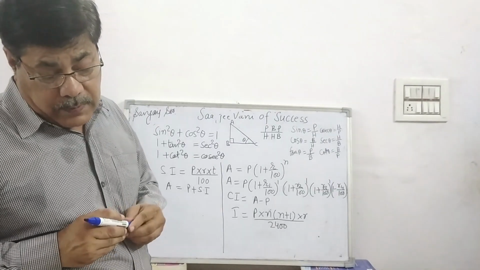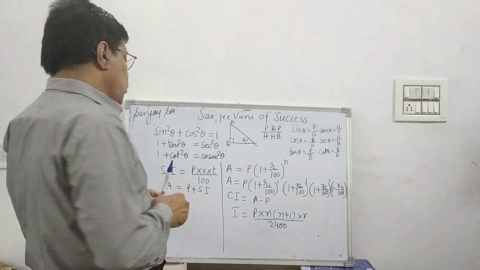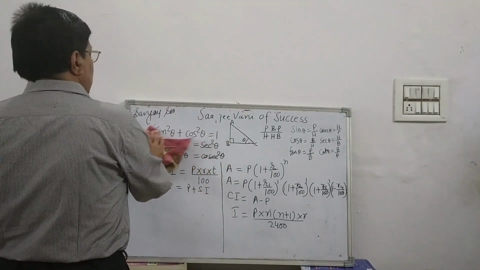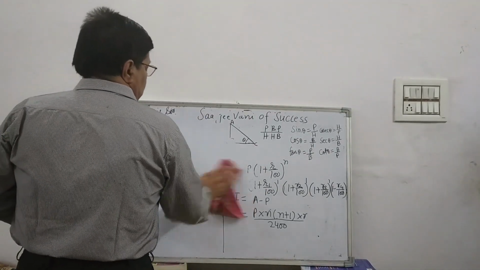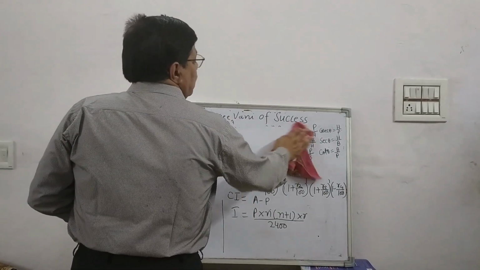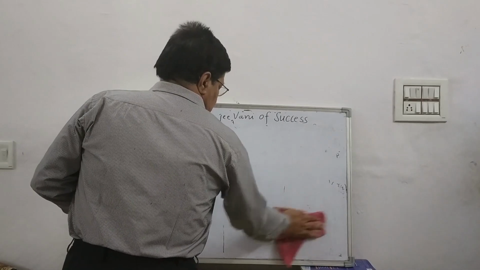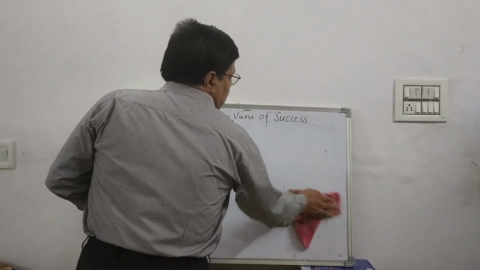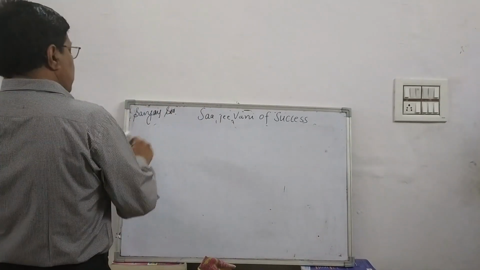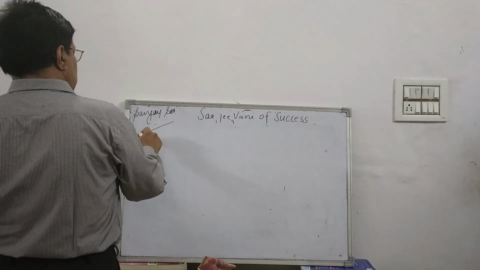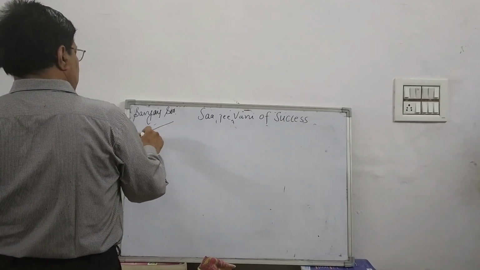Now next I am coming to coordinate geometry. How will you find out coordinate geometry? So first thing is, suppose 2 points are given to you. This is x1, y1.